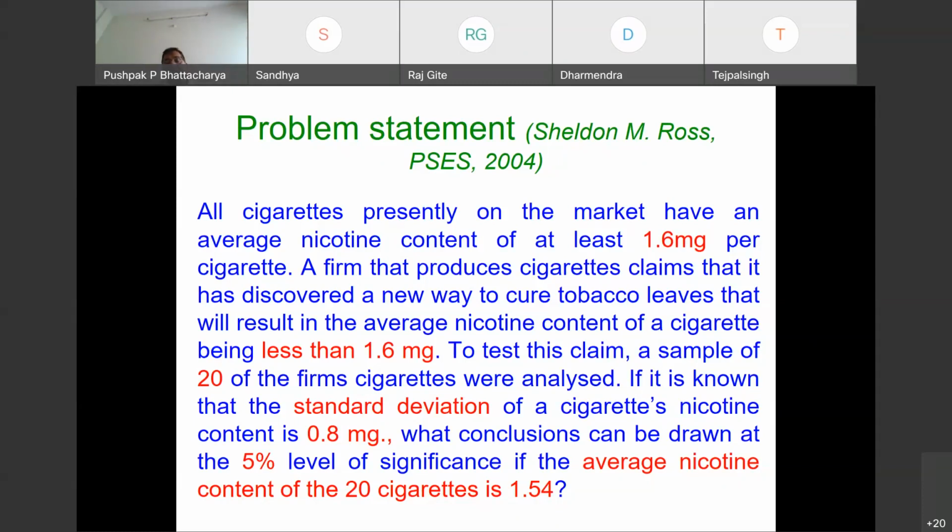But with these requirements, 5% level of significance, sample size being 20, population mean being 1.6, and the sample average being 1.54, we are not able to accept the claim of the nicotine company. So let's get this top level view that we have to reject this claim. And let's do this more properly in the next class.